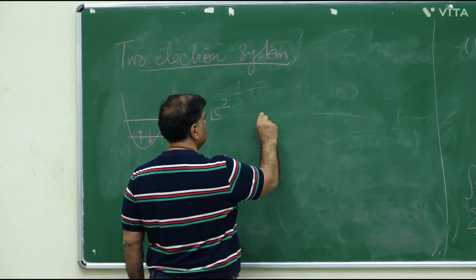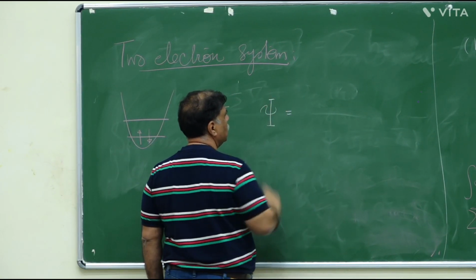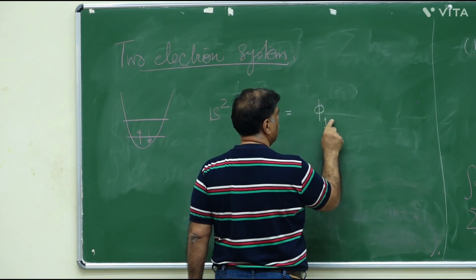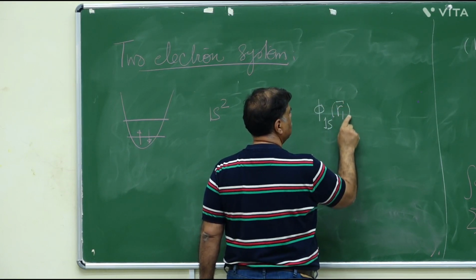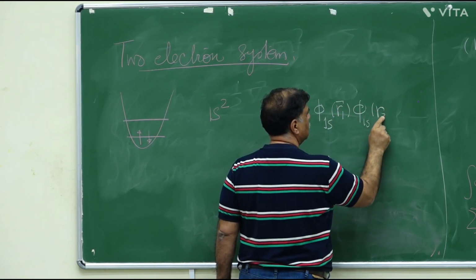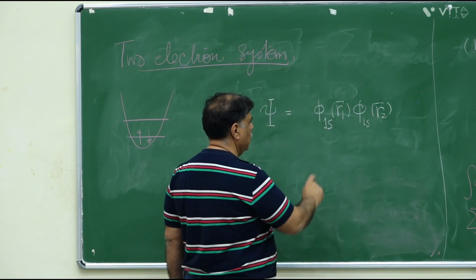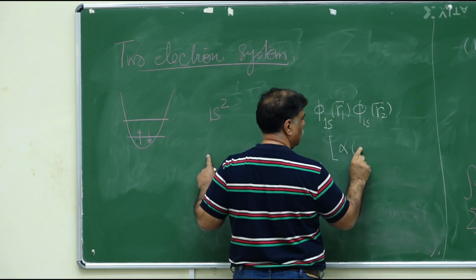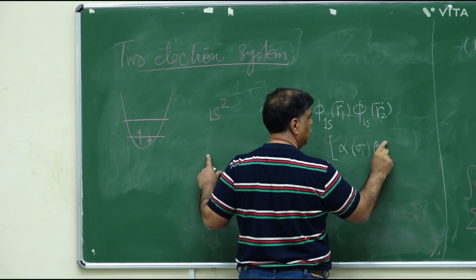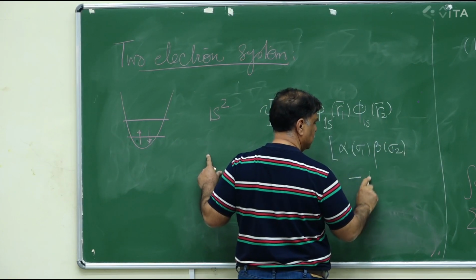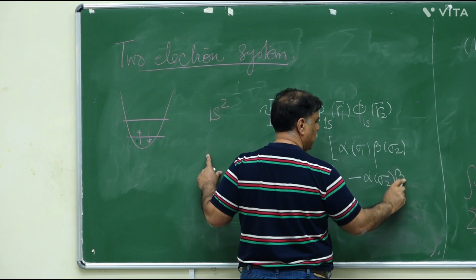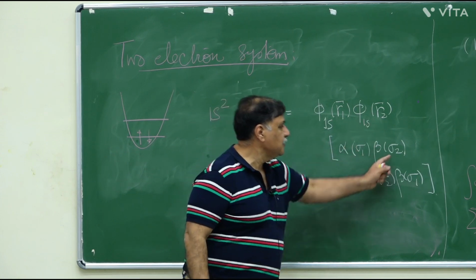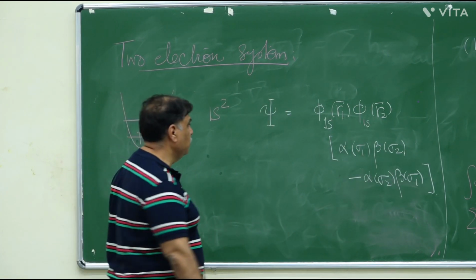And the wave function, psi, is going to be equal to phi 1s of R1, phi 1s of R2, times, I can have up and down, so alpha of sigma 1, beta of sigma 2 minus alpha of sigma 2, beta of sigma 1. The spatial part is symmetric with respect to exchange, the spin part is antisymmetric, right? And if you normalize, this is going to be 1 over root 2.